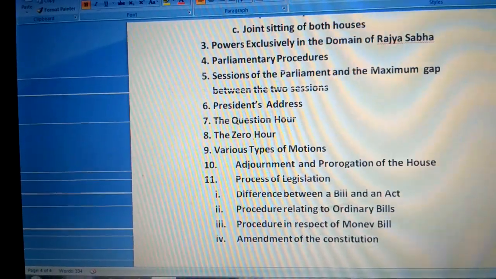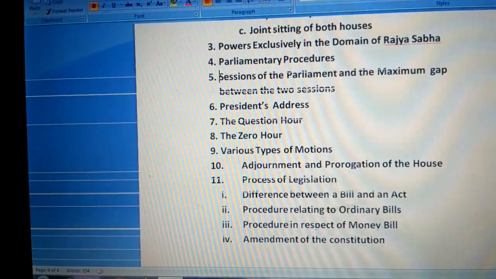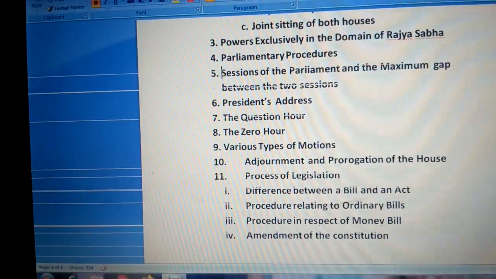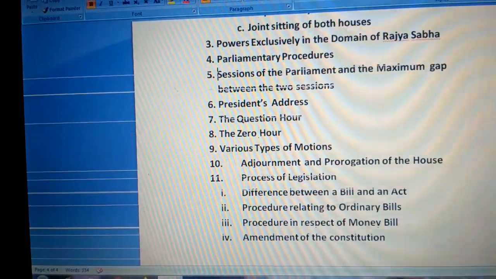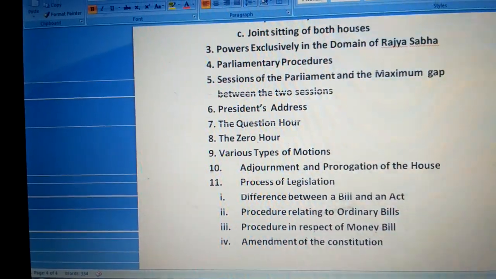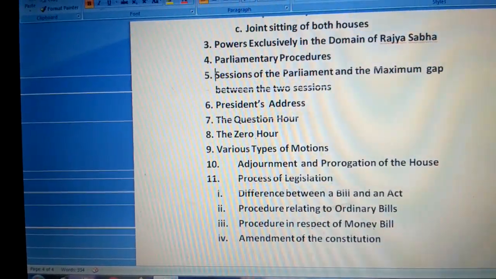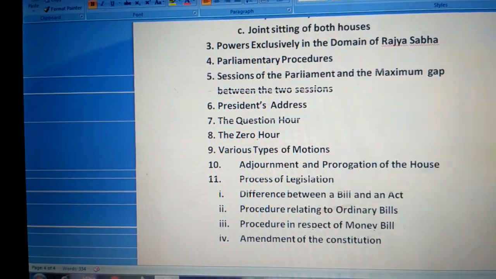What are the sessions? Budget session, monsoon session, and winter session. Budget session from February to May, monsoon session July to September, and winter session November to December. Okay. Then next one, President's address.